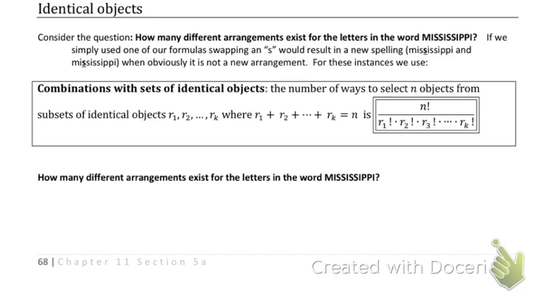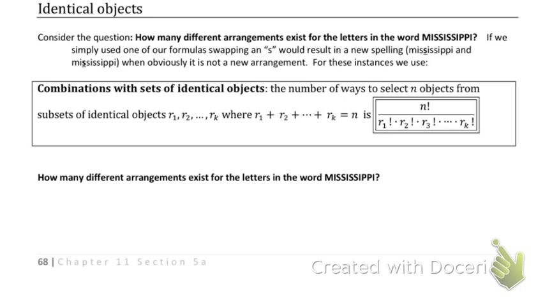If I take these 2 I's and flip them, I didn't change the word, so I don't want to count those. The only thing I want to count is if I switch an I and an M, or if I switch an S and an I. Those are the only ones I want to count. So we have a whole bunch of things that we need to eliminate. We need to eliminate any words that are the exact same.